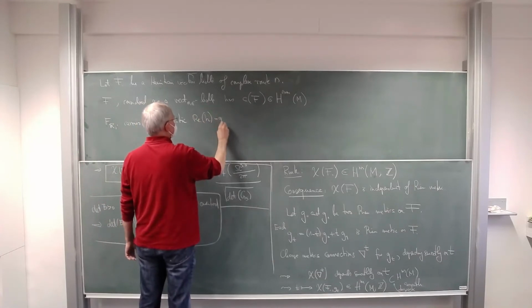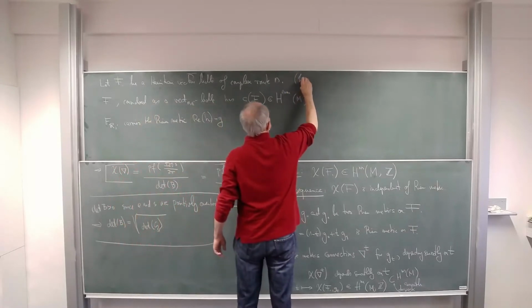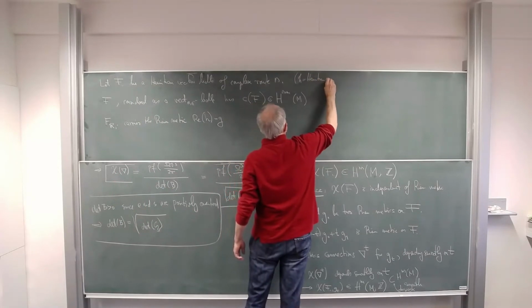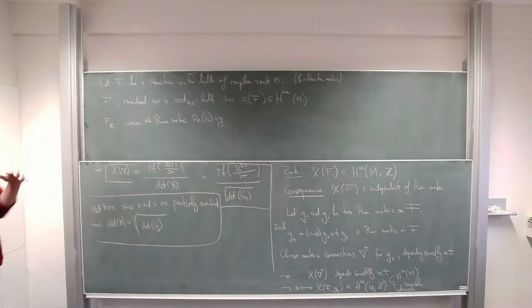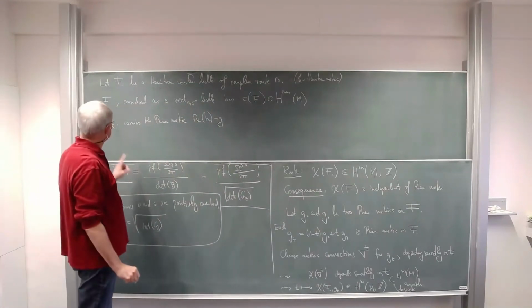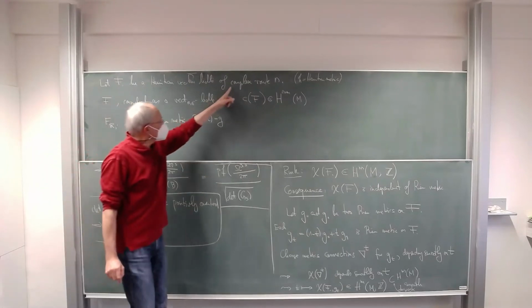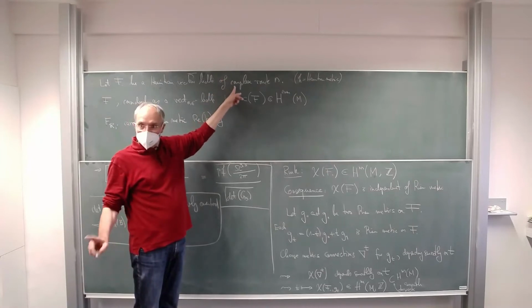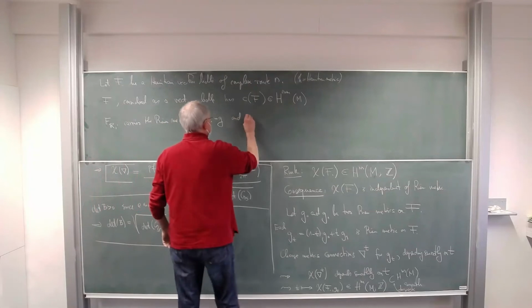Let me call this G. So the Hermitian metric is called H. And the real part of the Hermitian metric is always a Riemannian metric, the Euclidean scalar product on the underlying real vector space. That's one thing. And the complex structure, we haven't completely forgotten it because it induces an orientation too.